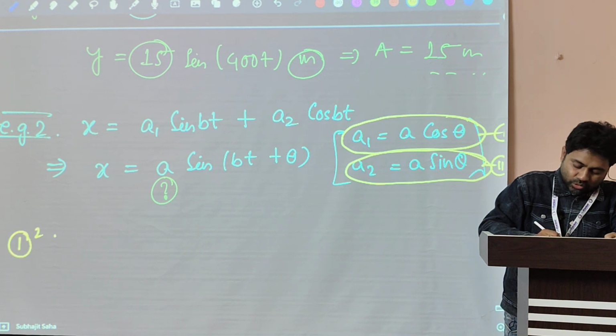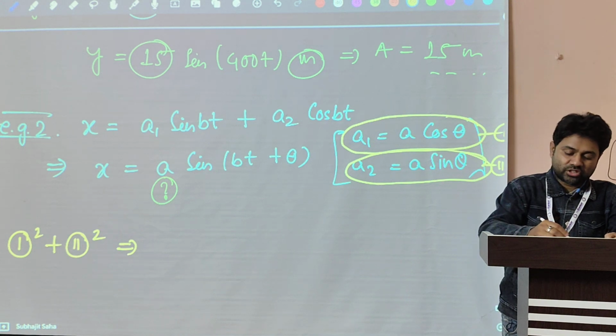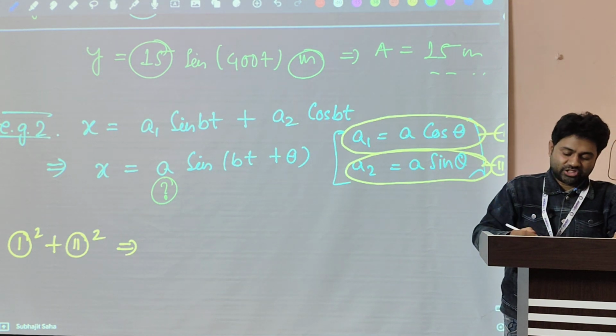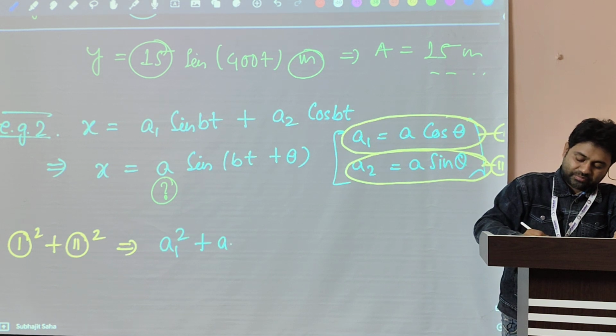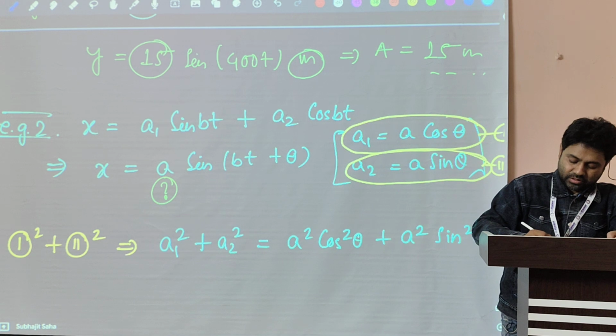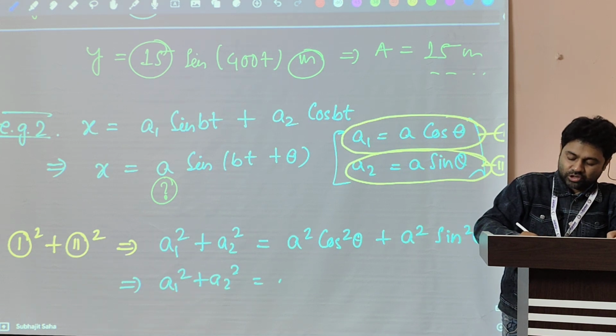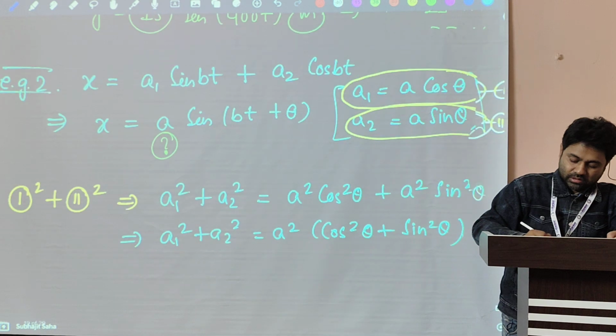Square both sides of the equation and add them. Let's see what we get. So left hand side becomes a1 square plus a2 square. Right hand side becomes a square cos square theta plus a square sin square theta. So a1 square plus a2 square equals to a square common cos square theta plus sin square theta, which is 1.